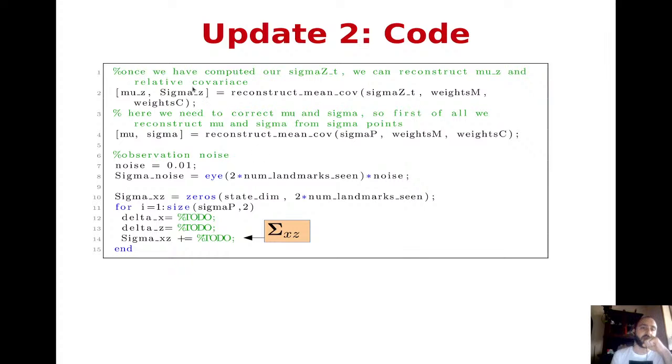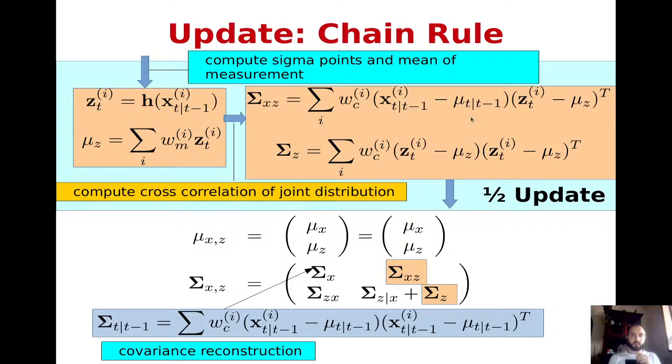So second part of the update, you just reconstruct mean and covariance that we just saw. So the covariance sigma z, the covariance of the state, because we already know that we need that, and the sigma noise, which as always is that constant part that I was just speaking about. Then we take the sigma xz and we just fill it up. This loop is actually this computation over here.